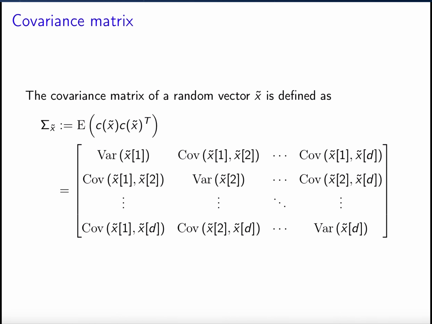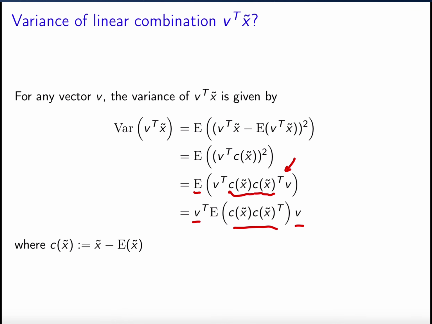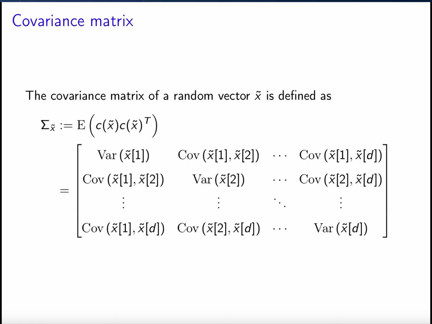That is what we define as the covariance matrix of a random vector. Again, I just want to stress that the motivation is that we want to define an object that captures the variance of any linear combination of the random vector. So this is the definition of a covariance matrix.